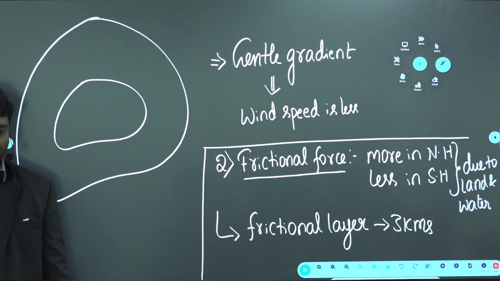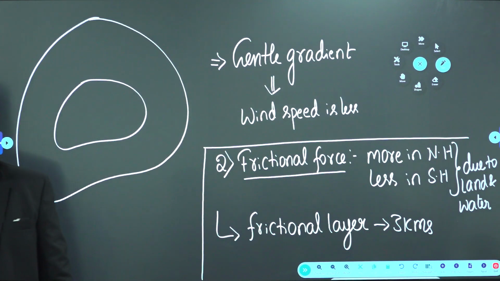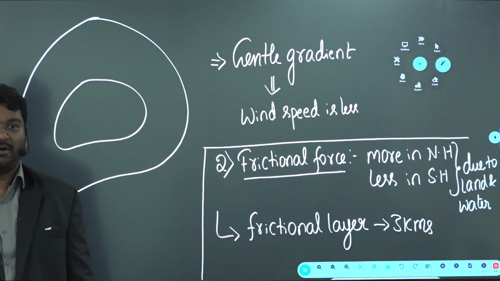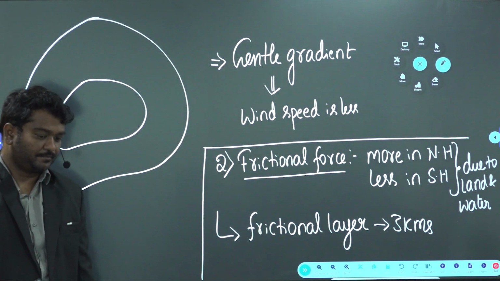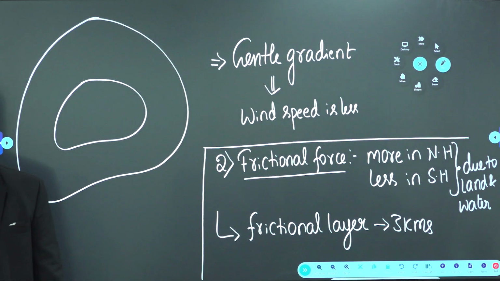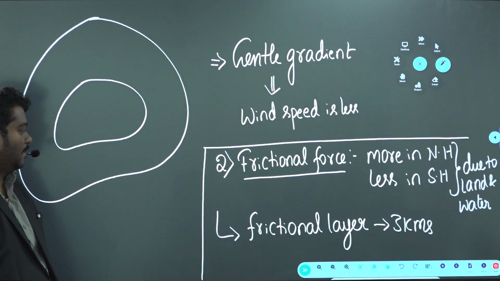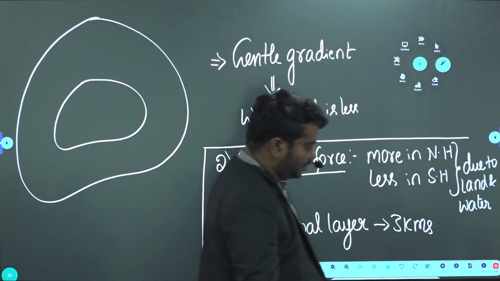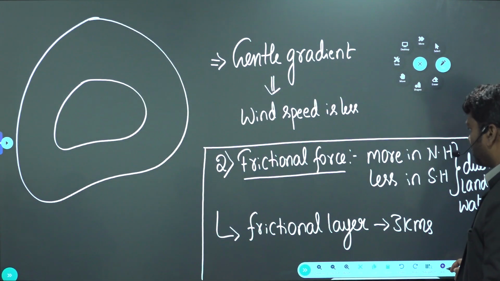Fine. 3 kilometers frictional, above non-frictional. The reason is, as we go above, density of air reduces. Fine. Then gravitational force, you are aware.